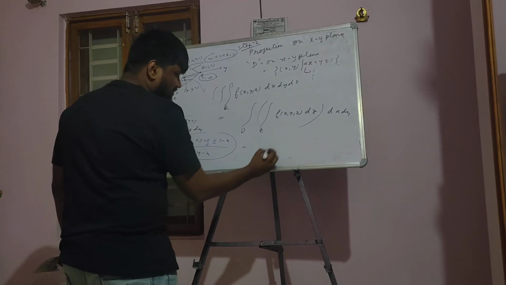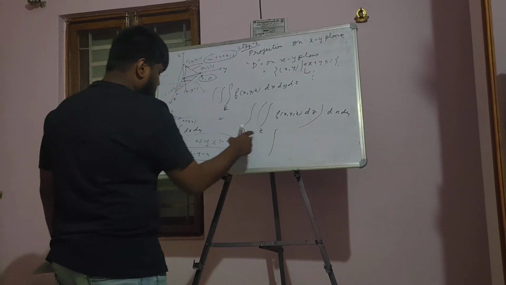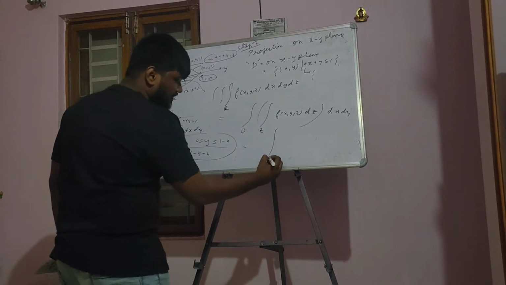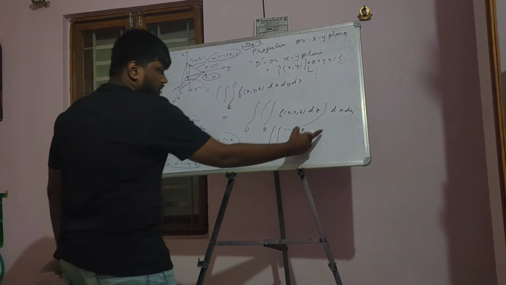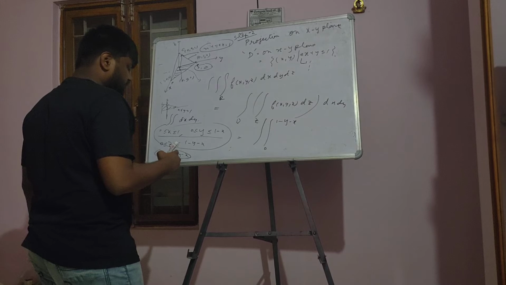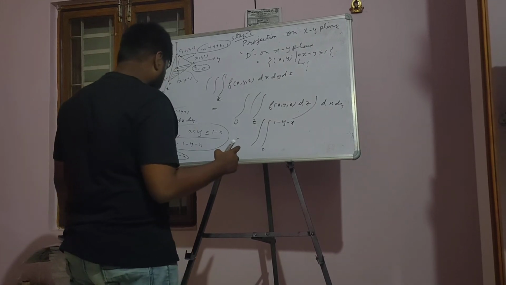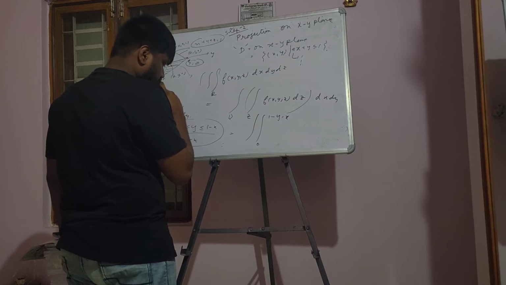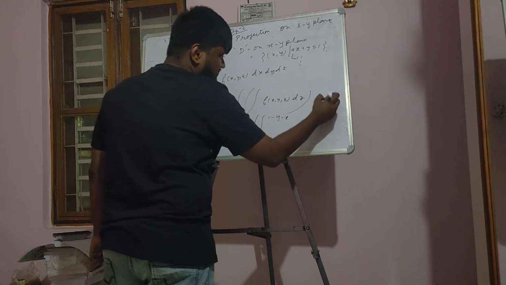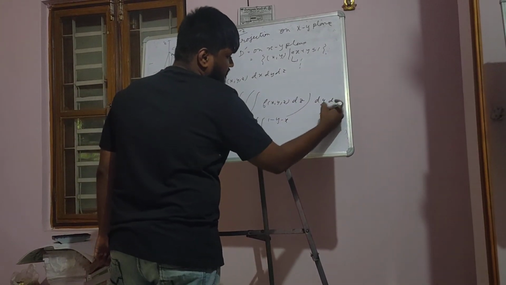So this integration is nothing but, for z, we put 0 to 1 minus y minus x. For the other variables I'll be doing dy dx here instead of dx dy.